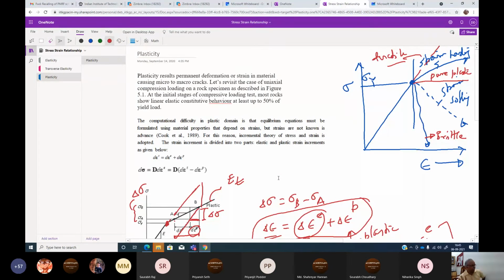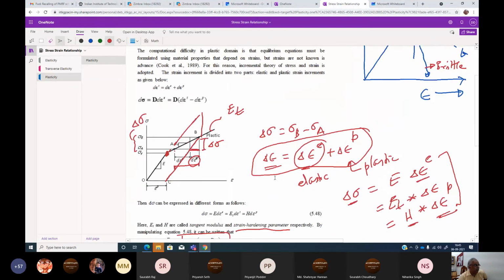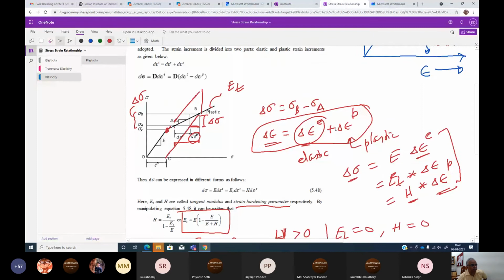This is it. Now let me tell you about this delta epsilon P, this plastic strain. You know, elastic strain will always change the stress. Until it is elastic, all the strains are elastic.